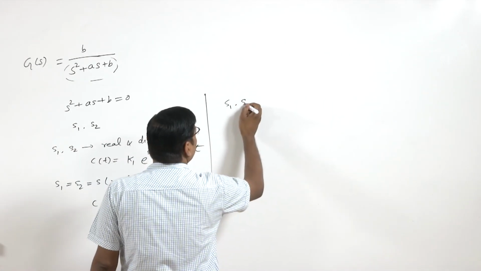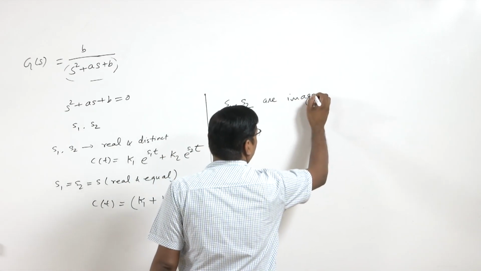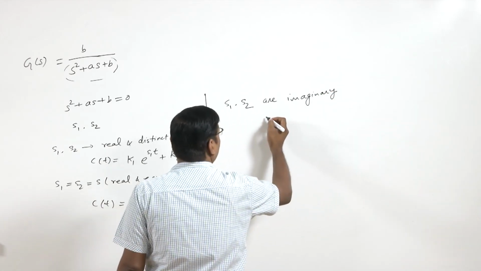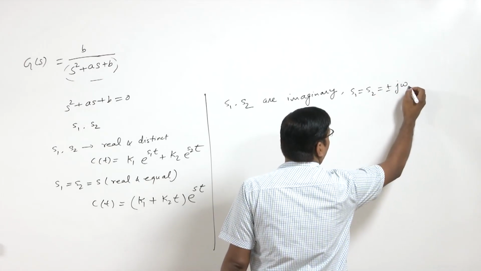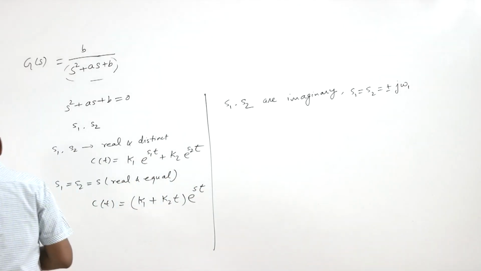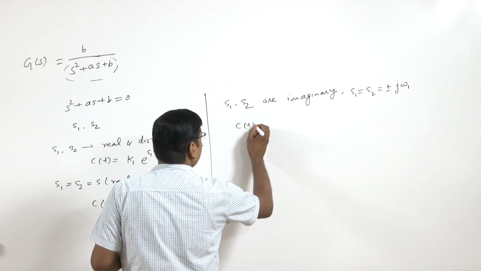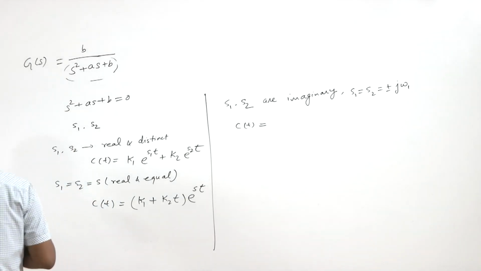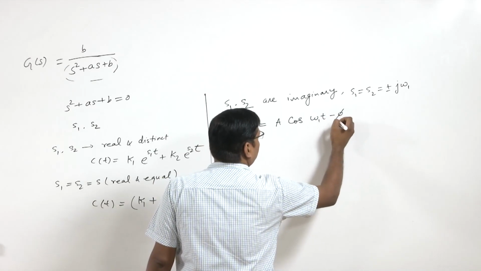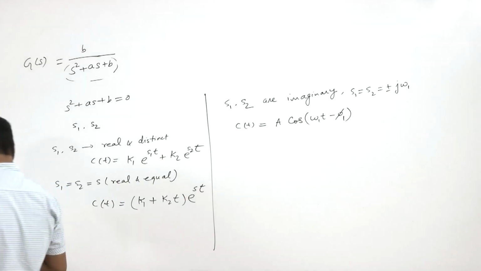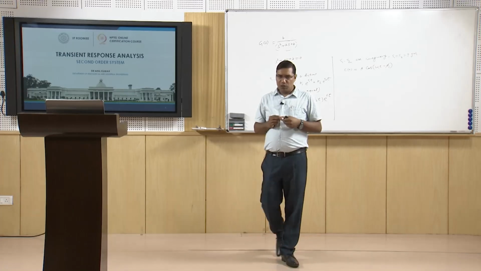Similarly, if s1, s2 are imaginary, for example s1, s2 equal to plus minus j omega 1, in this case we will have a response c(t) equal to A cos(omega 1 t minus phi 1). So it is a harmonic response.